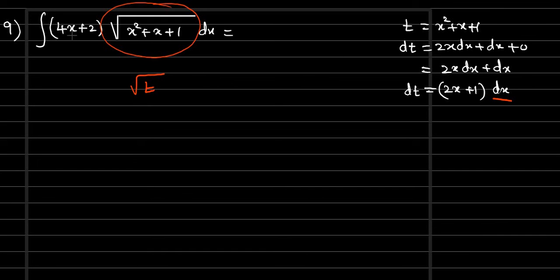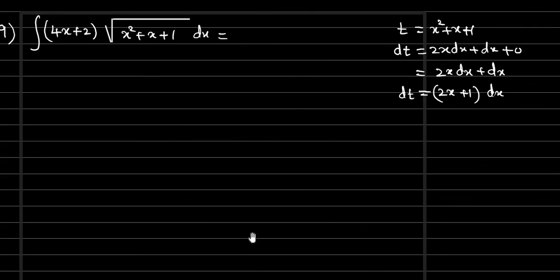But no need to worry, we have 4x plus 2, right? In this, we will take 2 commonly outside. When we take 2, we are getting 2x plus 1, right? Then the product of 2x plus 1 and dx, we can write as dt. So that the whole thing will turn up in terms of the t variable.